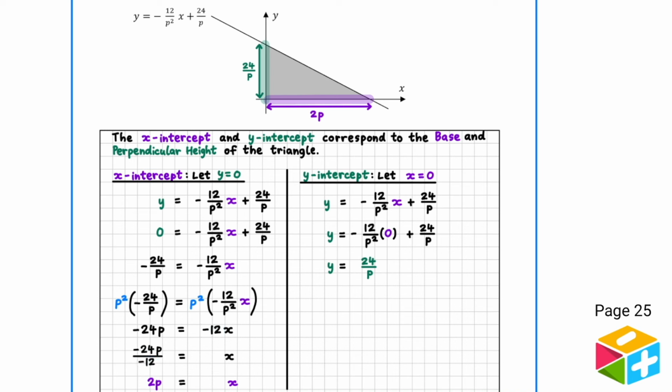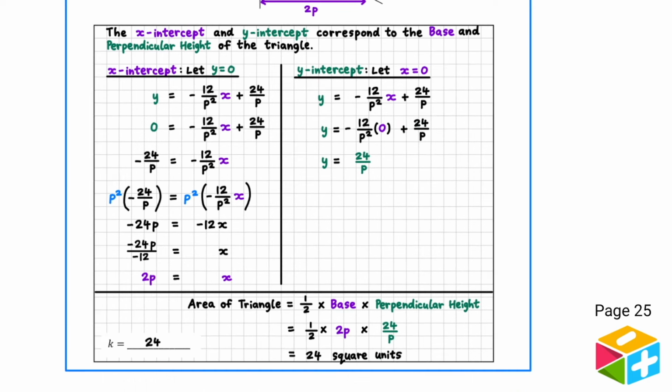To find the y-intercept, we should let x equal to 0 in our equation. Minus 12 over p squared times 0 simply comes out as 0, so we're left with y equal to 24 over p.